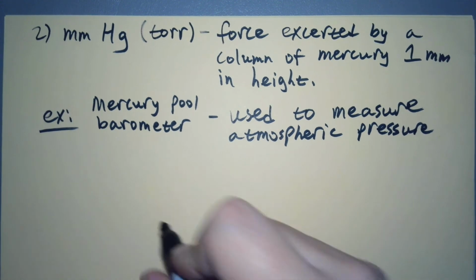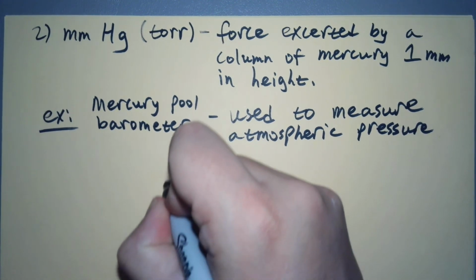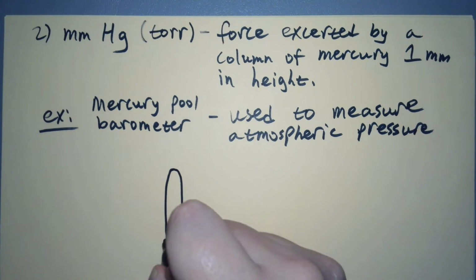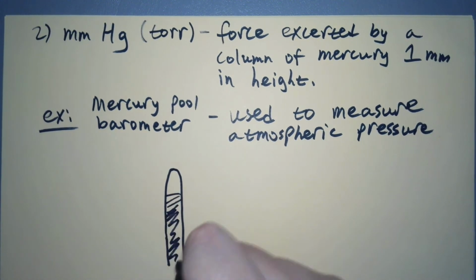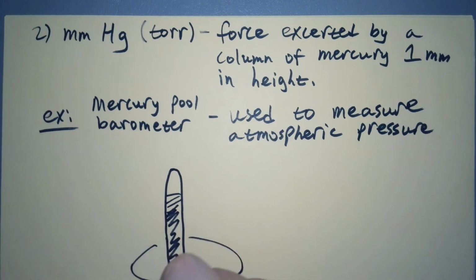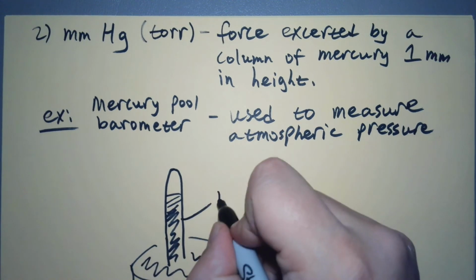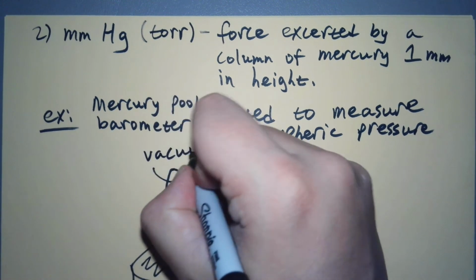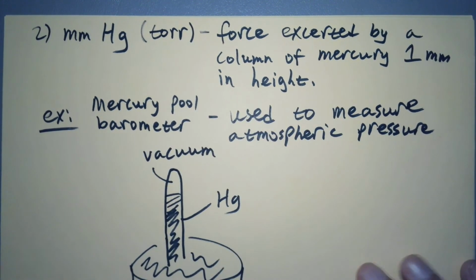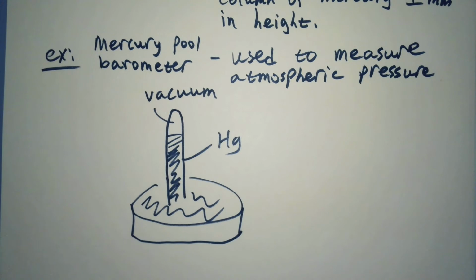Alright, so here's the design. You have a tube, and it's got mercury in it, and it's in a pool, just an open pool that has mercury, and up top here is a vacuum. So there's no gas on top, just mercury below, and mercury is also in the pool here.